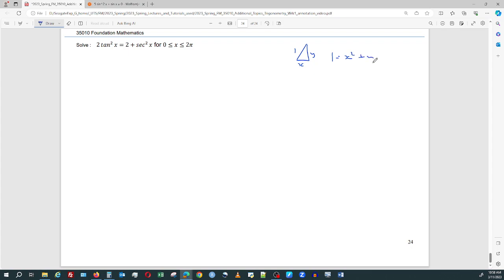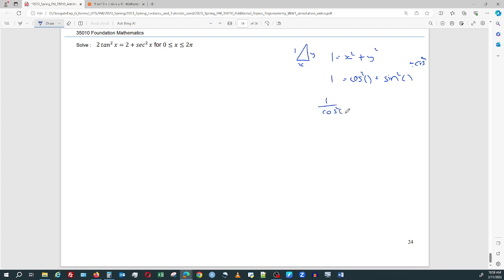And by association, okay, if we divide that by cos squared, we'll get 1 over cos squared.